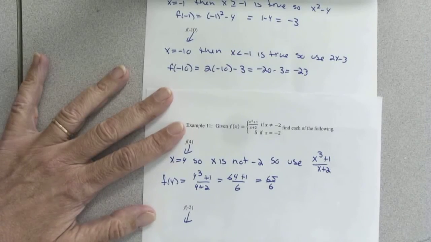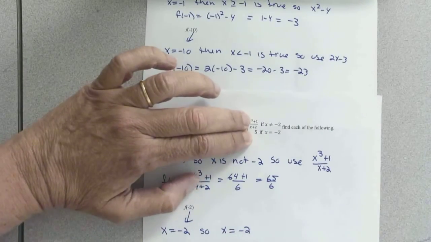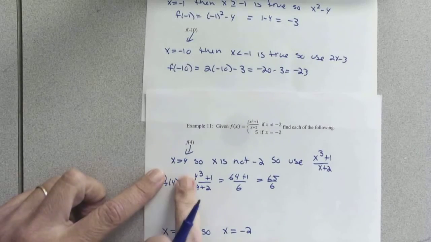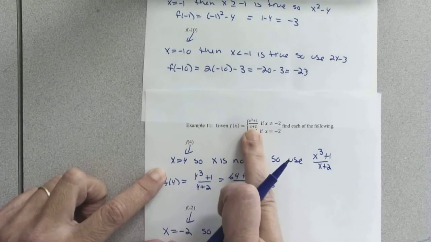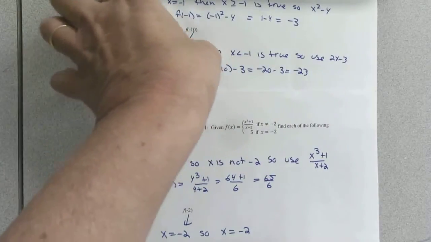Here, last one, x equals -2. There's my two restrictions. My restrictions are only equal and not equal to a certain number. So on this first one, x was 4, so x is not equal to -2. So you use the top one. But here, x equals -2.